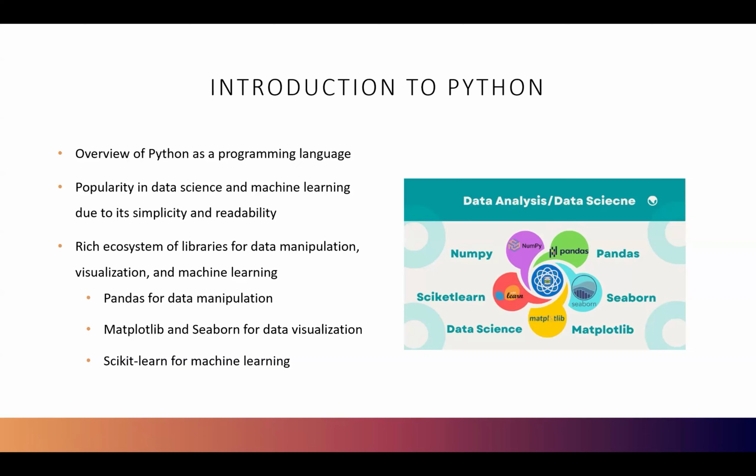Seaborn and Matplotlib are both used for data visualization. Seaborn, I would say, looks nicer sometimes, but from a functionality perspective, Matplotlib and Seaborn almost do the same thing. And then you have scikit-learn, which again I'm going to change because it's a typo. This is where a lot of the machine learning libraries exist.